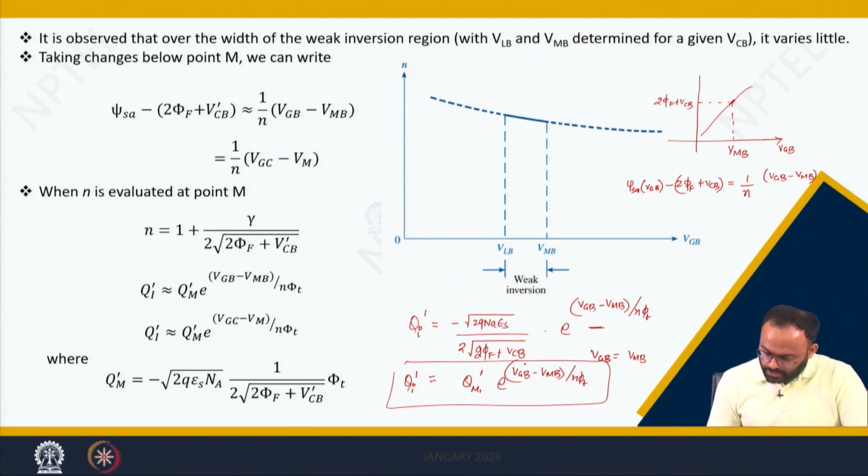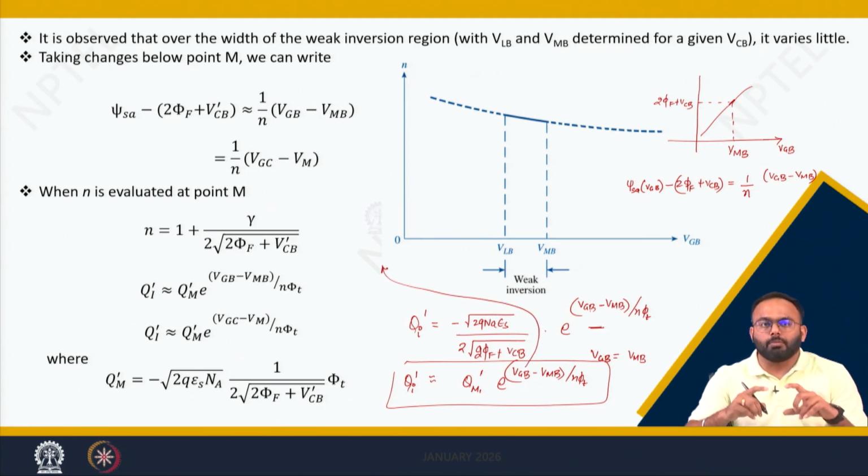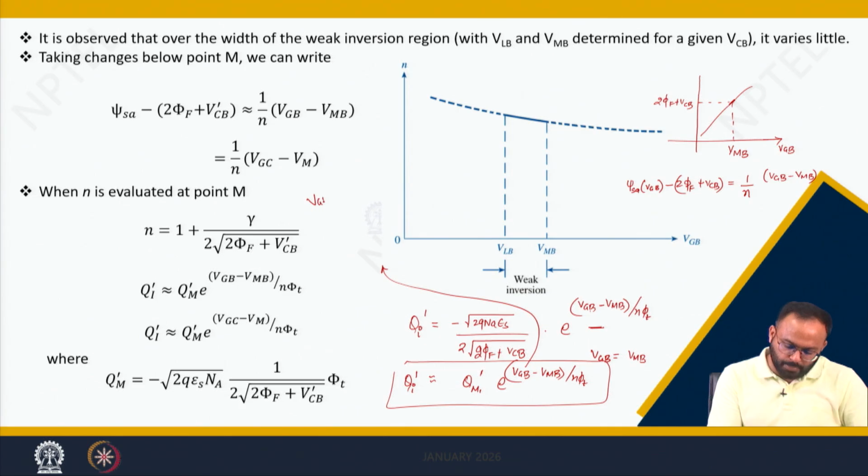Correct? This can be simplified further, because we have already discussed that instead of taking the body as a reference, I can take C, or the contact, as a reference. So we know that VGB can be written as VGC plus VCB. Similarly, VMB can be written as VM plus VCB.